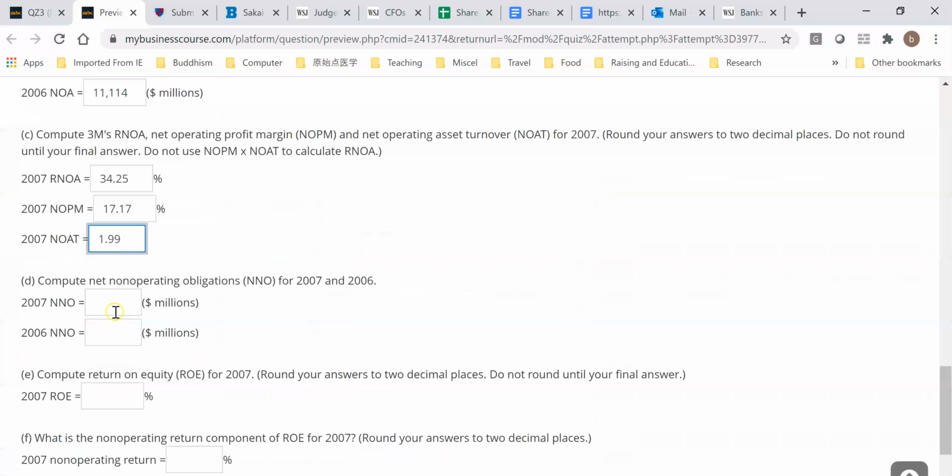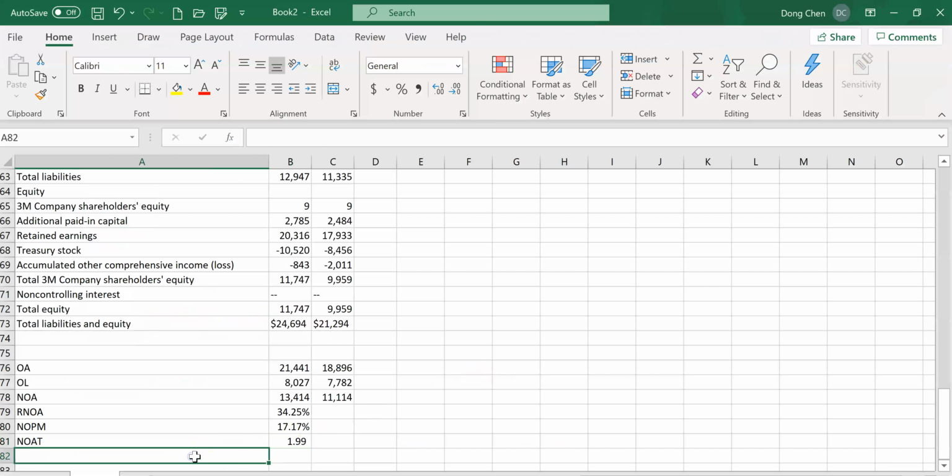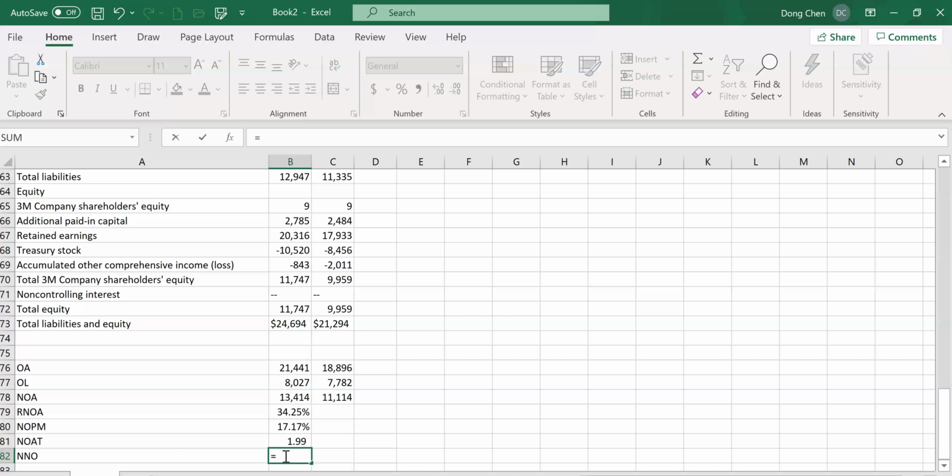And D, compute net non-operating obligations, N&O, for these 2 years. And N&O is defined to be the non-operating liabilities minus non-operating assets.